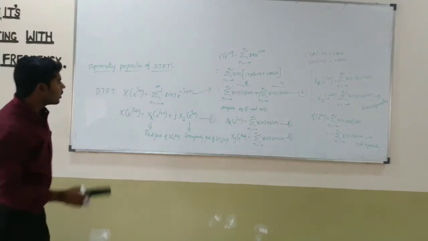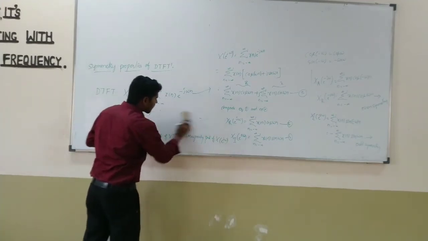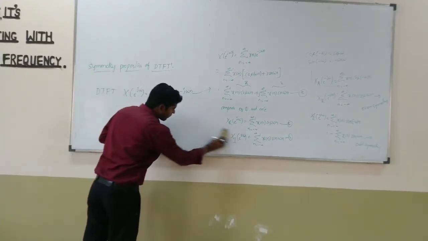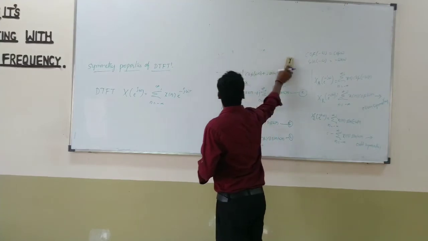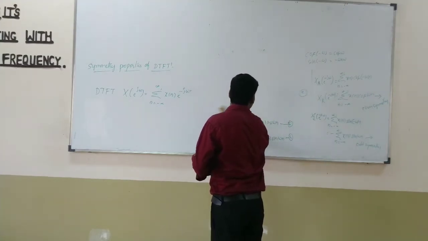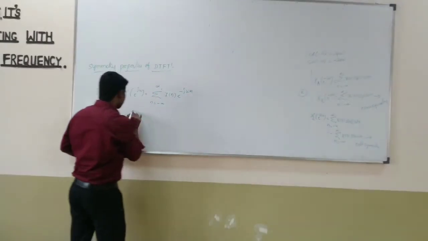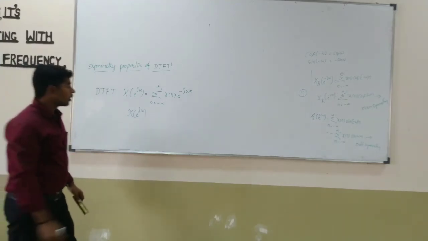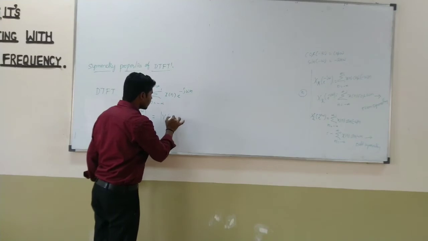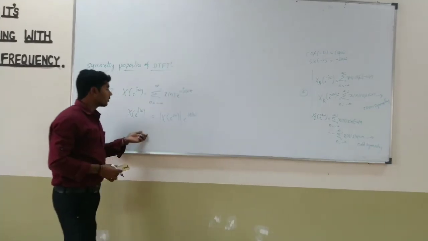Generally we know that if X of e power j omega is a complex signal, it can be represented in polar format as a magnitude, the magnitude of X of e power j omega, times e power j theta of omega. So this is the general representation for the polar format.